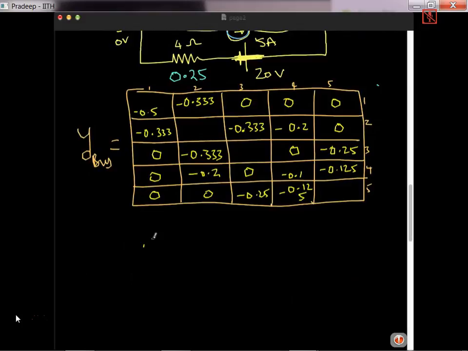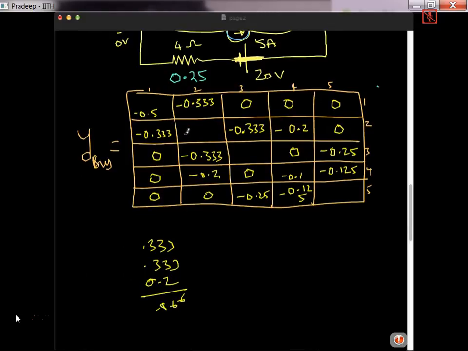So 0.333, 0.333. I'm looking at the second row: 0.333, 0.333, 0.2. I'll just add this, so this is plus 0.866. Similarly, add all the elements in the third row.